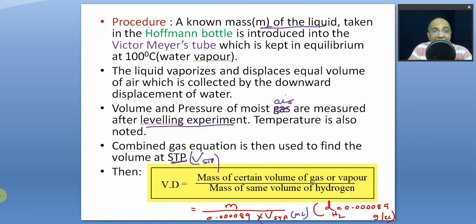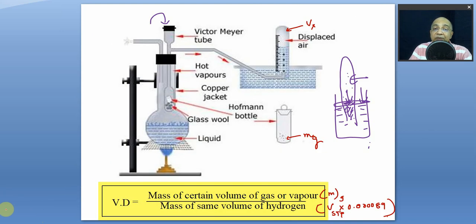Now, I think you understood Victor Mayer's method to find the VD of the vapor of a volatile liquid. Once you know VD, multiplying by 2 gives its molecular mass. So what is VD? Mass of a certain volume of the gas or vapor, that is, the mass of the volatile liquid which has been vaporized. Mass will never change, and this is divided by the mass of the same volume of hydrogen.